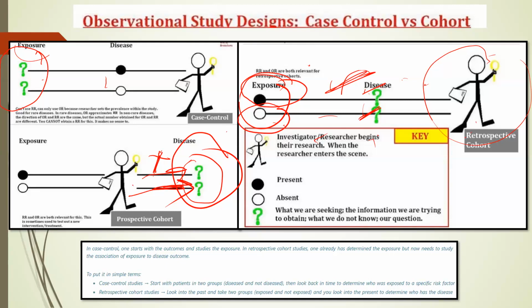But in prospective, the disease has not occurred yet. The investigator has to follow up the groups and then determine the incidence of the disease. But in a retrospective cohort, the disease has also occurred, so he has to dig into the records and check. But he will start off first from the exposure and then look at the disease.